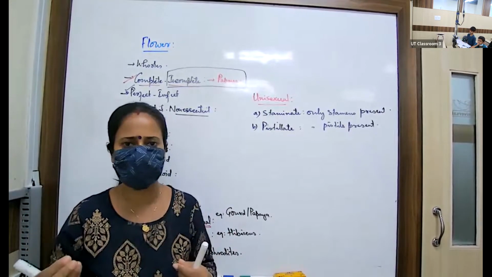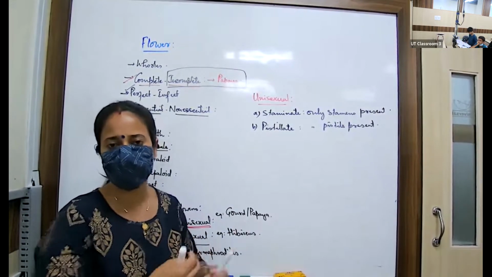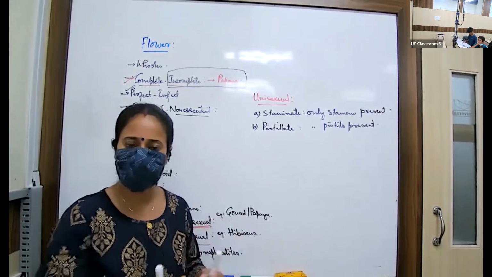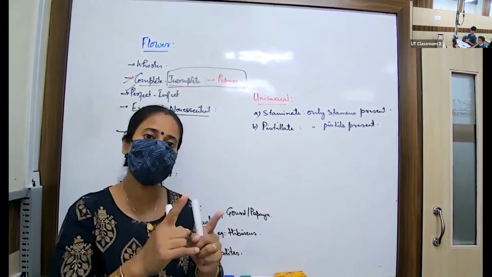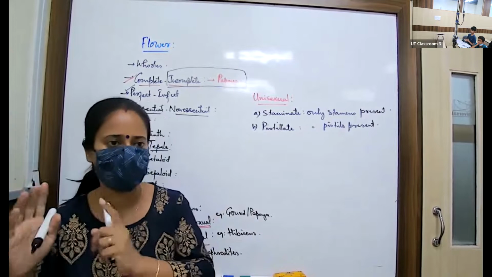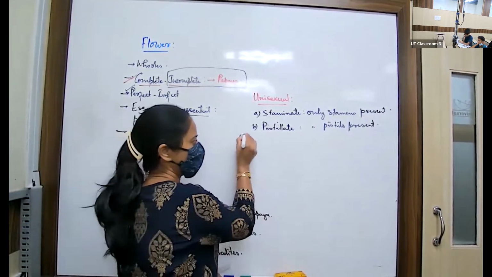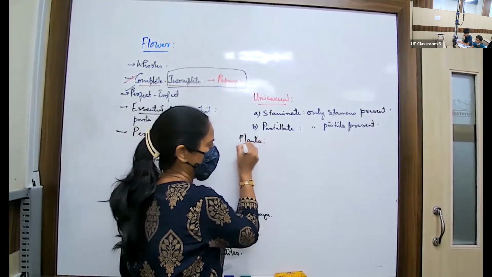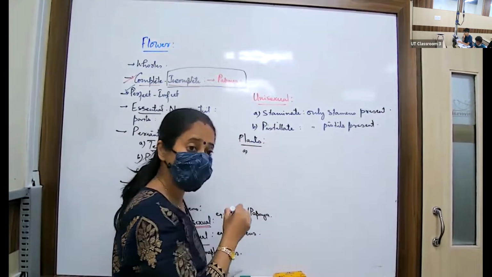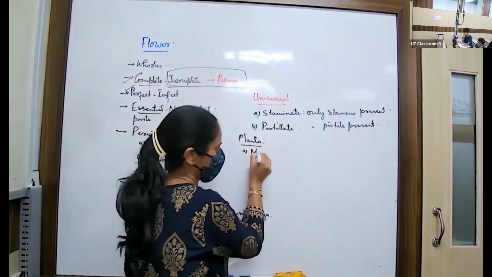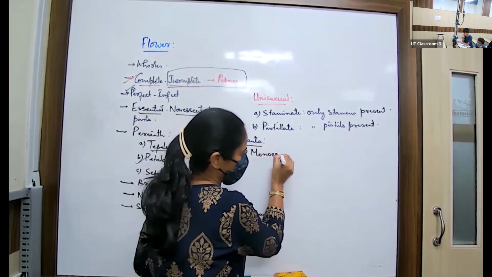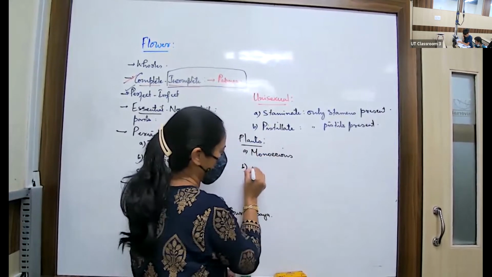I may talk about examples like the papaya, the pumpkin, the cucumber. One plant only male flowers, another plant only female flowers. So on the basis of that, we can talk about two types of plants. What are those two types of plants? Monoecious and dioecious.